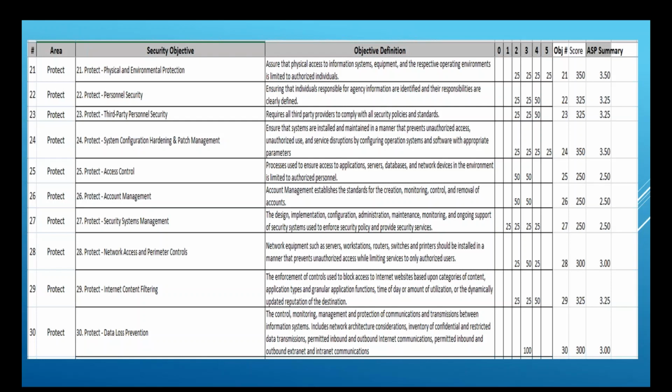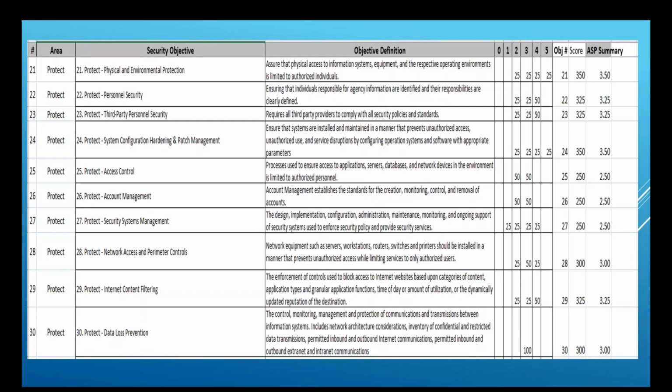Those types of evaluations for your physical and environmental protection are measured under this objective, protecting my assets and my information resources. In this case, I scored 25% in level 2 all the way through level 5.